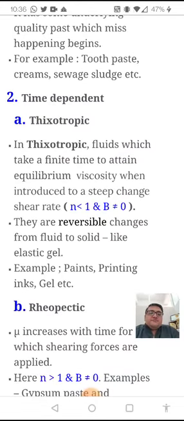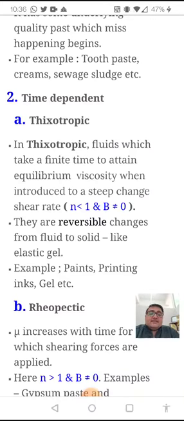Thixotropic examples are paint, printing ink. So these are examples of thixotropic material. A thixotropic fluid takes a finite time to attain equilibrium viscosity when introduced to a steep change in shear rate. It will take a finite time to attain equilibrium. Equilibrium means to stabilize.